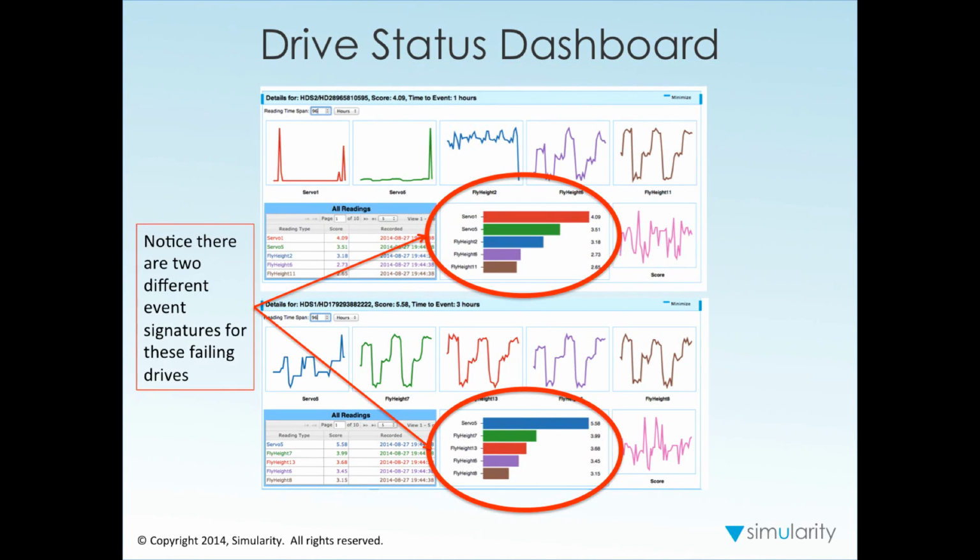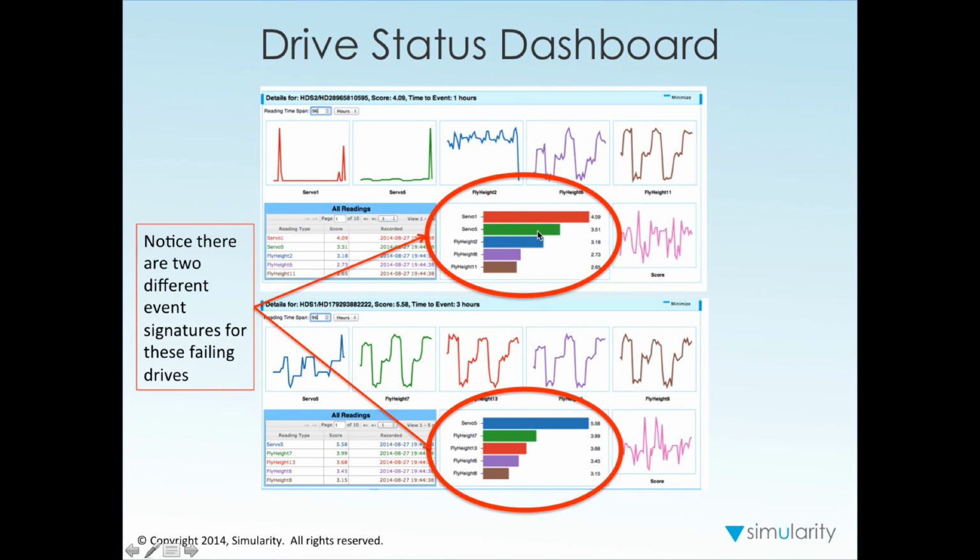Here's two different event signatures for failed drives. Now you'll notice that these two drives have very different event signatures. In the case of the top one, servo 1 is the most important sensor, and the pattern looks like this. In this case down on the bottom drive, servo 5 is the most important sensor, and the pattern is very different.